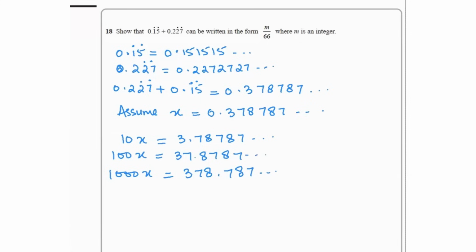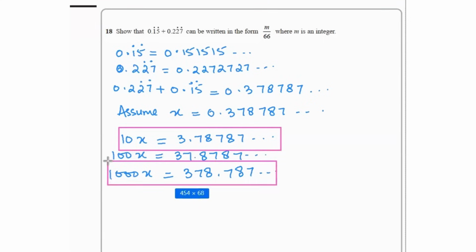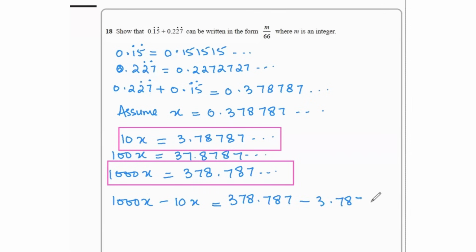Our goal is to get rid of the numbers after the decimal. So if we subtract this and this, we can see that the numbers after the decimal are the same. So we'll get rid of all the numbers after the decimal and we'll be left with whole numbers. So 1000x minus 10x equals 378.787 onwards minus 3.787 onwards.